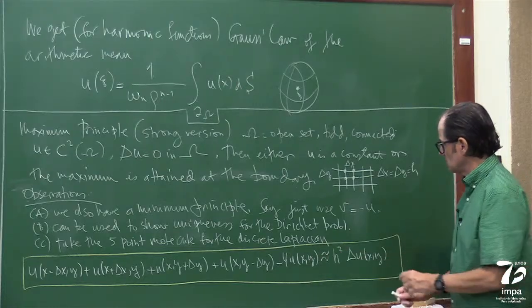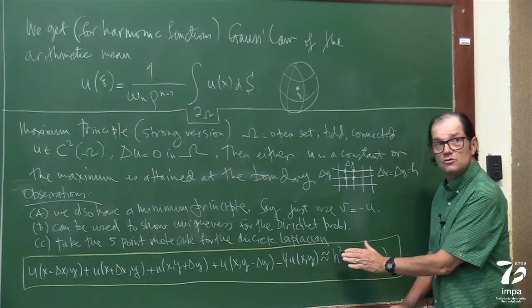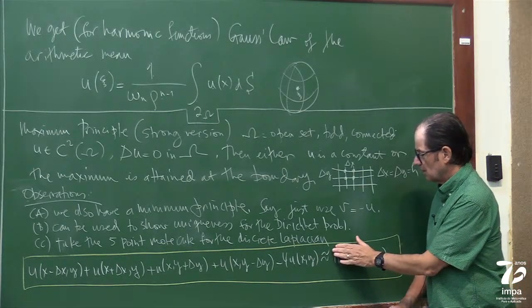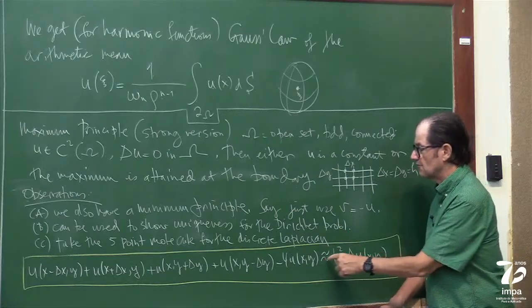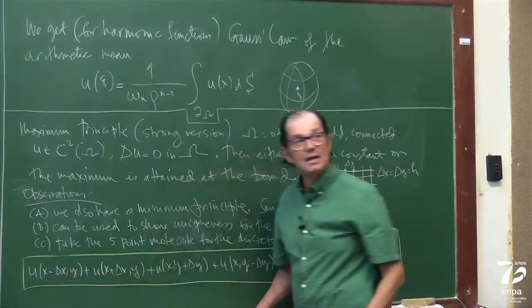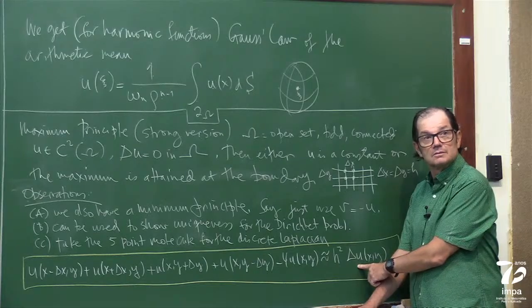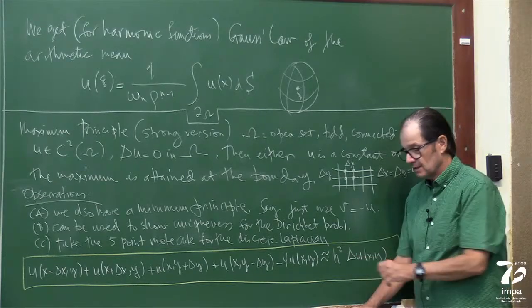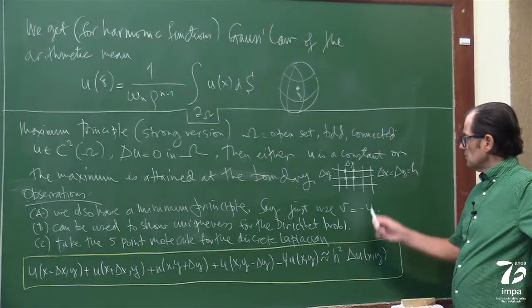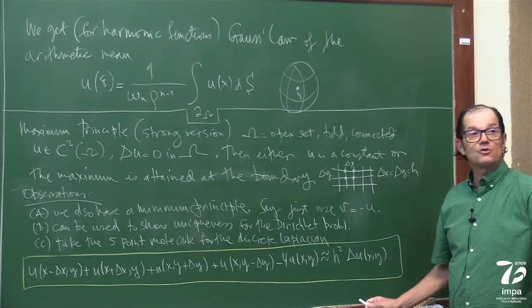This is the Taylor series expression. You just divide this by h squared, and you're approximating the Laplacian. So this is the discrete Laplacian.